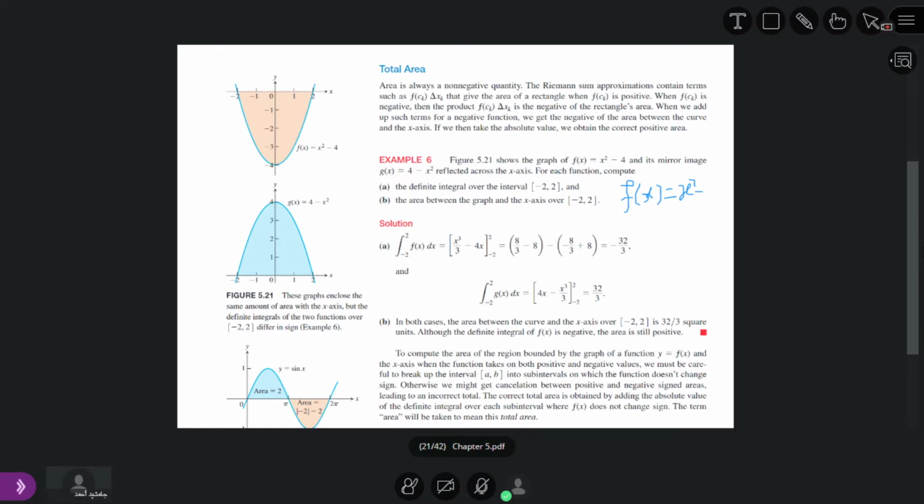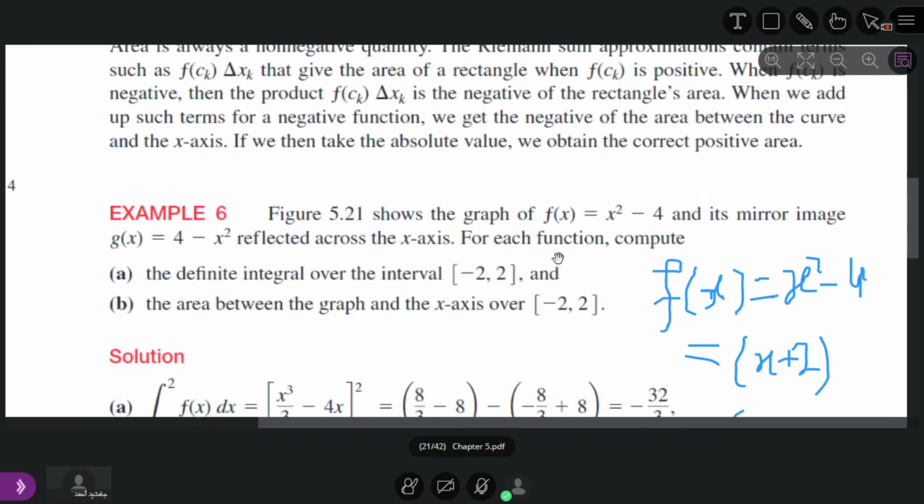What is x square minus 4 equal to? It is equal to x plus 2 times x minus 2. Whenever we equate this to 0, we get x is equal to minus 2 and x is equal to 2.